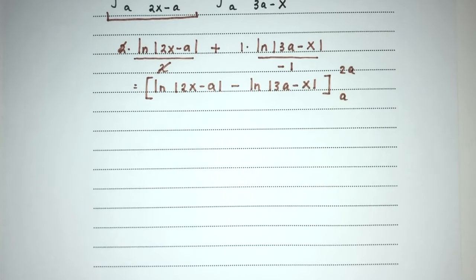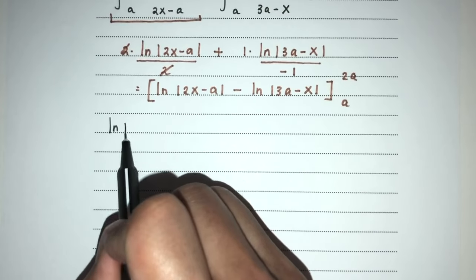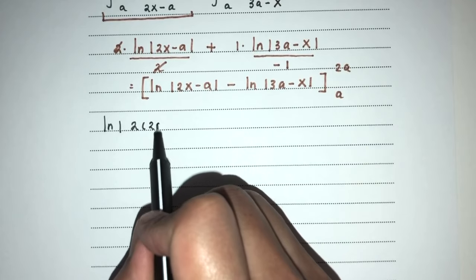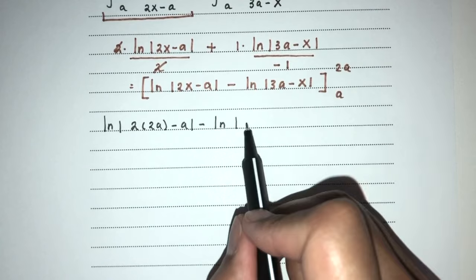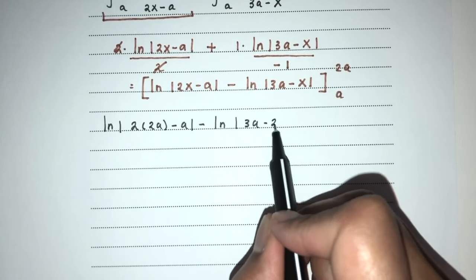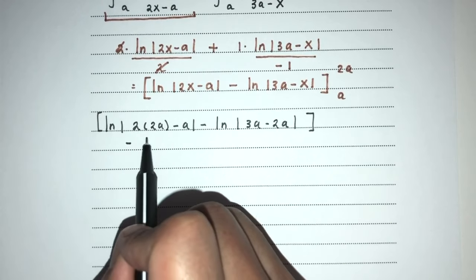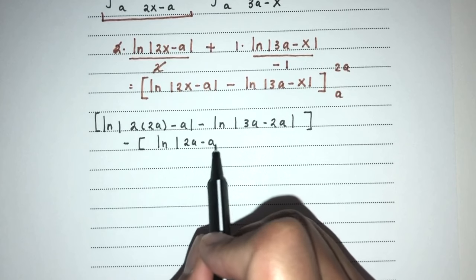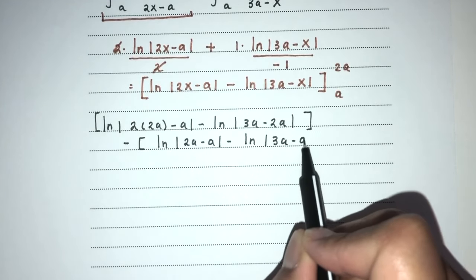Let's see what happens. So on the one side you will have ln. That will be, x was 2a, so 2a minus a, minus ln, that will be 3a minus 2a. That's the first part. Then minus, here we have ln of 2a minus a minus ln of 3a minus a.